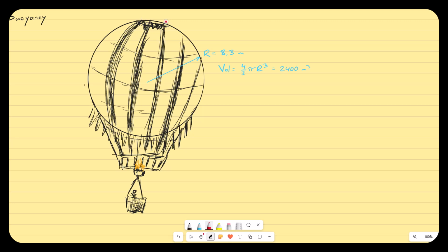There's a vent at the top, so those particles kind of bounce out. So what we end up with is an inner density that's going to be lower than the density of the air outside. The density of the air inside a hot air balloon at about 100 degrees Celsius works out to be about 0.9 kilograms per cubic meter.